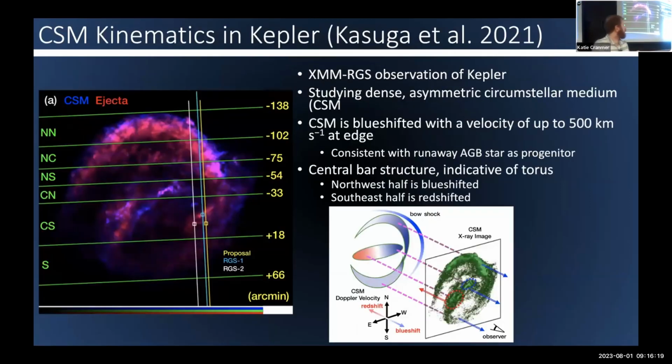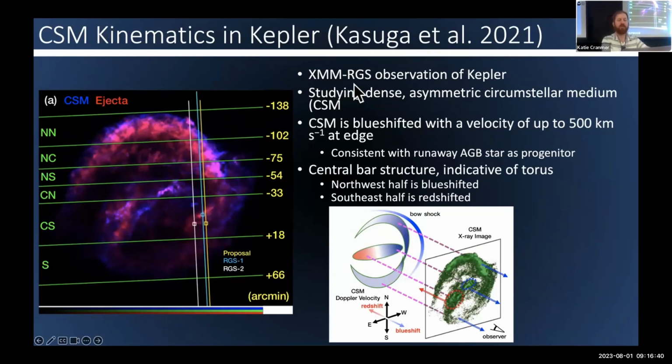So not only can you measure ejecta using this method, you can also measure the velocities of the circumstellar medium. So this is an RGS study of Kepler. So Kepler is well known for having a significant amount of circumstellar medium surrounding it. This is in blue, it's the CSM, red is the ejecta.